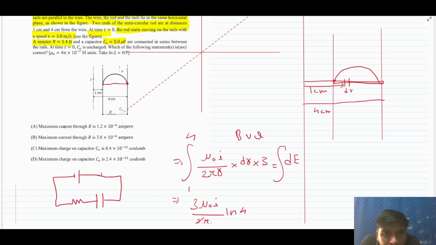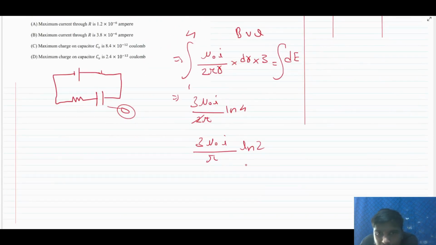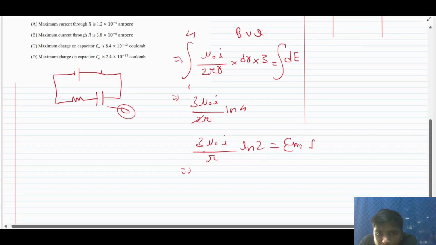What is the maximum current that it can go? We know that the minimum resistance that a capacitor can offer is equal to 0. So at that time there will be the maximum current, EMF by the resistance. What is the resistance given? It is nothing but 1.4. So let's see our EMF. We can write all the values. 3 into mu naught is nothing but 4 pi into 10 to the power minus 7, so we can write this as 4 into 10 to the power minus 7.